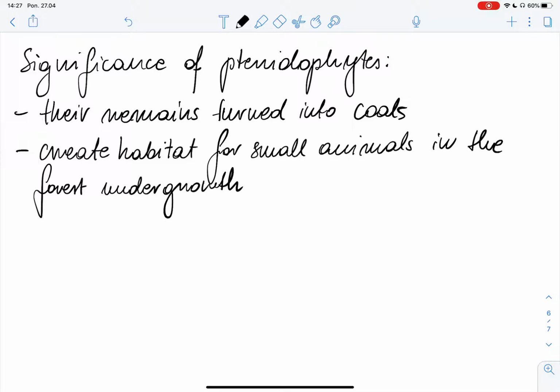Of course, just like in many other cases, they are a part of food chain, of various food chains basically.